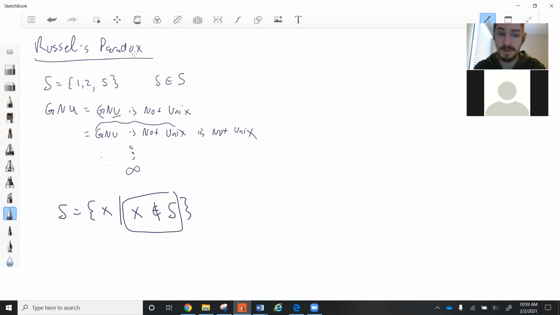Sorry, I wrote this wrong, I apologize. That's supposed to be: they are not elements of themselves. So it's the set of all sets that are not elements of themselves. Then it produces the paradox. Is S, this set which we've just defined this way, an element of itself?